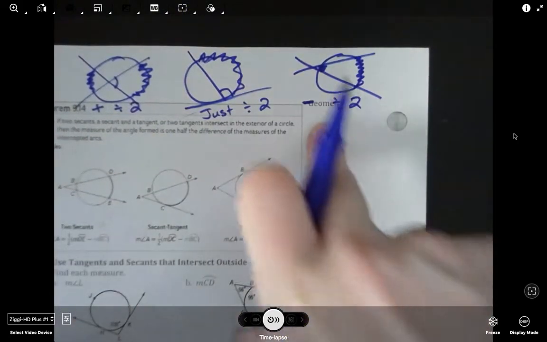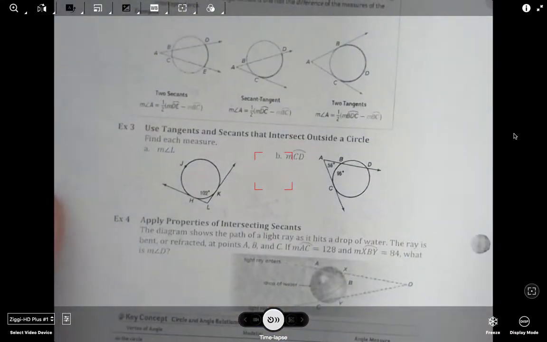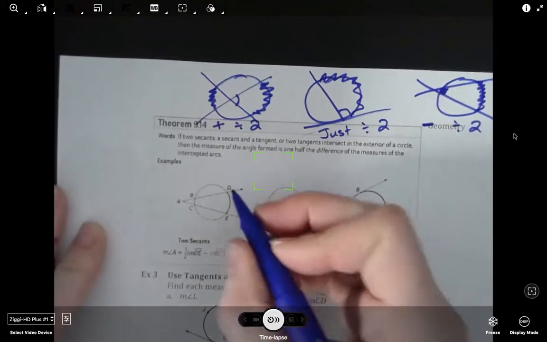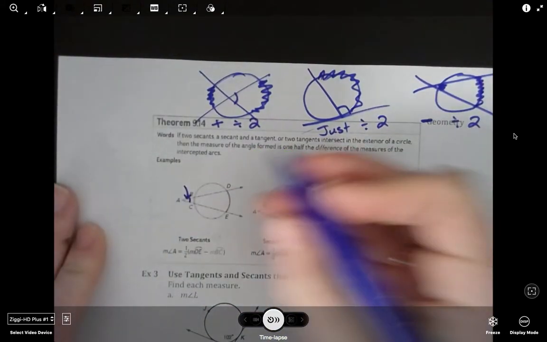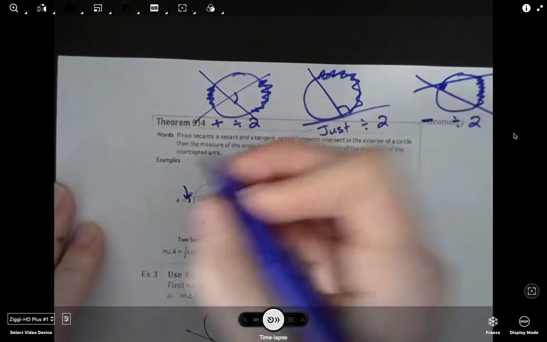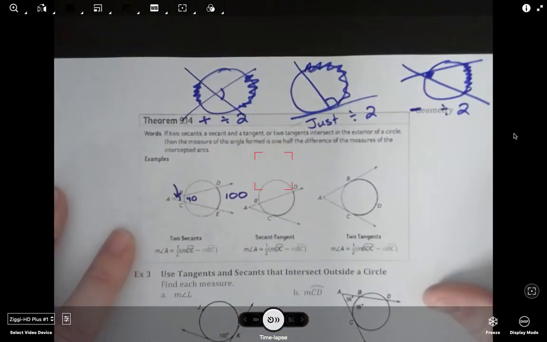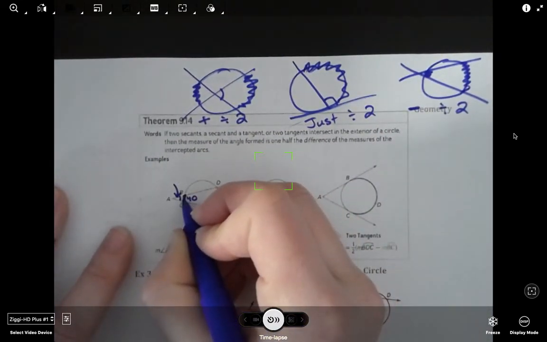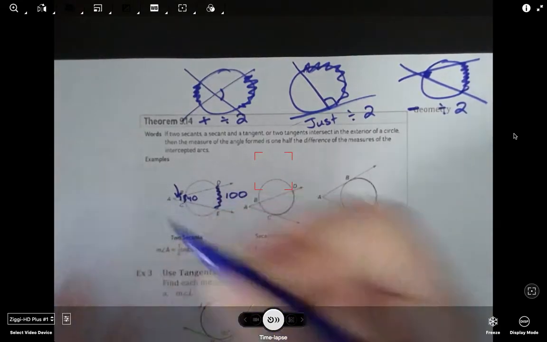So this backside, we're going to be subtracting the 2 arcs and dividing by 2. Actually, let's go back up here. I'll give you some examples. Let's say I'm trying to find this little angle right here. This guy is 100, and this guy is 40. I'm talking about the 2 arcs, 100 and 40.